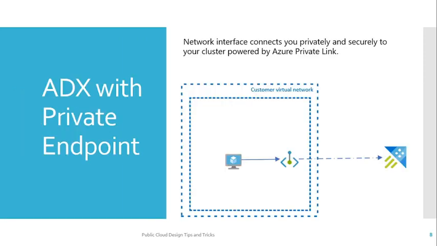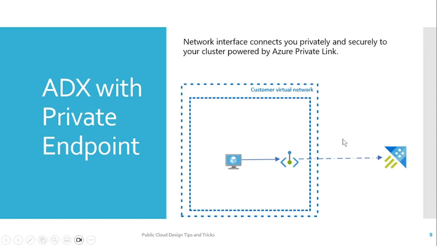Now, Azure Data Explorer with private endpoint. The most important part here: from your virtual network, when you want to realize a connection towards Azure Data Explorer, which is in the public area, Azure provides the private endpoint concept, a network interface that connects you privately and securely to your cluster, powered by Azure Private Link.